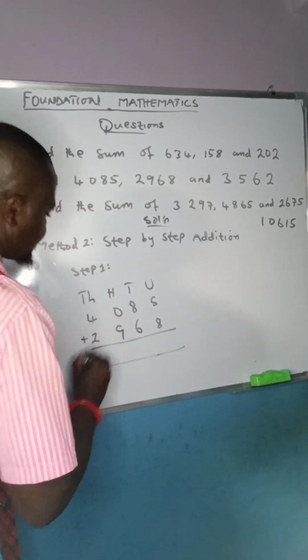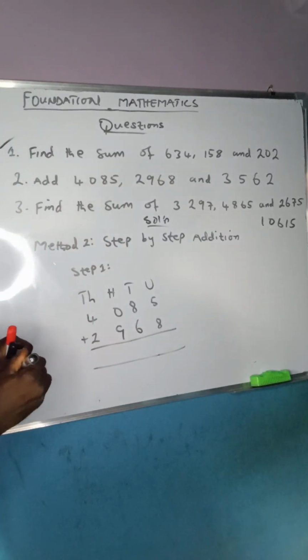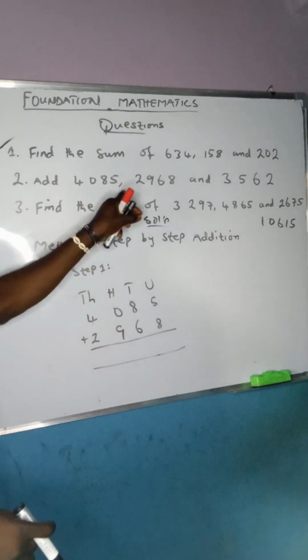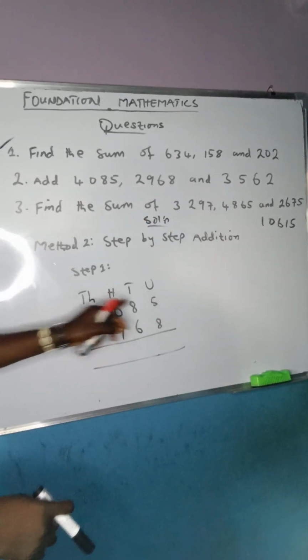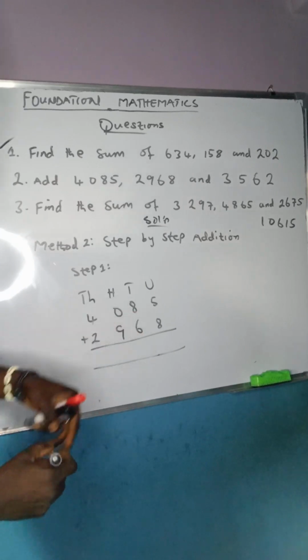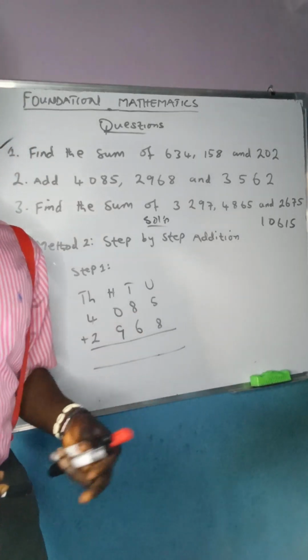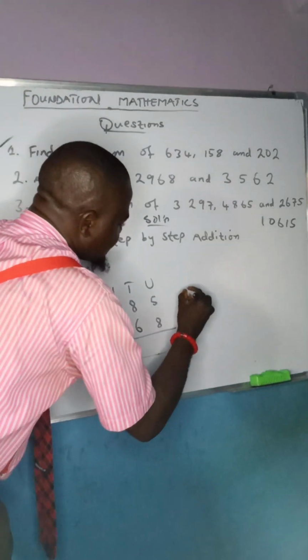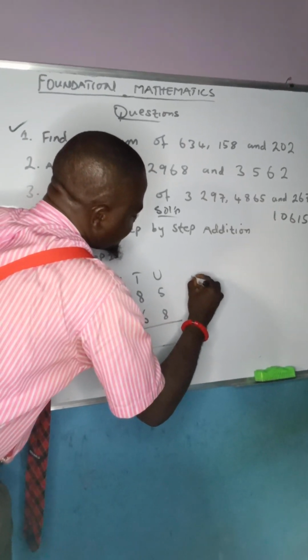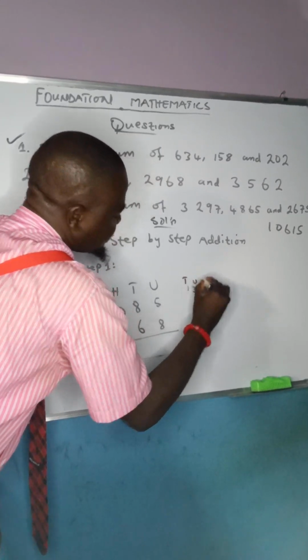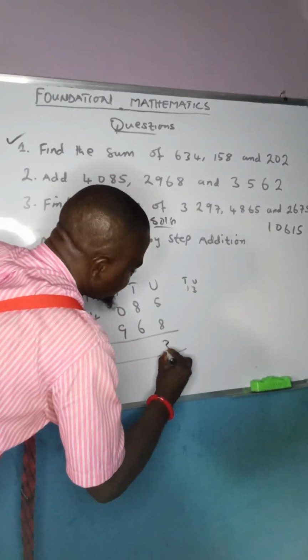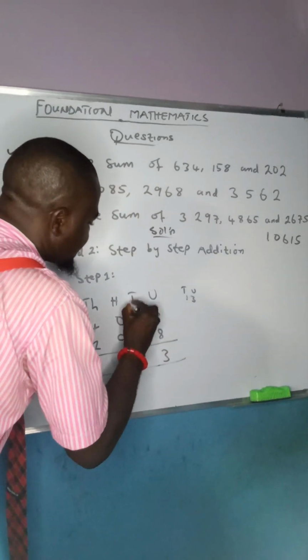You add your plus. Remember, you must start adding from the unit side. So 5 plus 8 is 13. Since it's 13, remember I told you that if you have 13, that is unit, tens, right? You write the unit, which is 3, and carry the tens, which is 1.